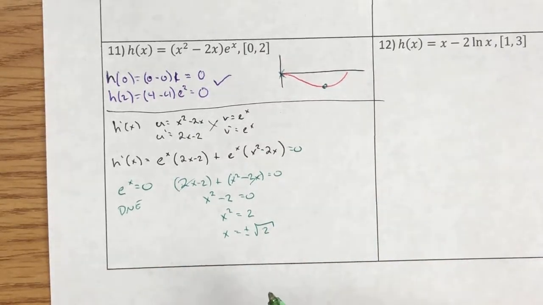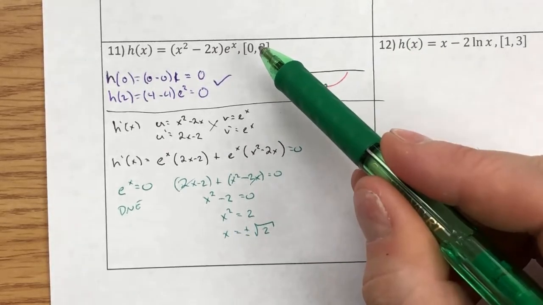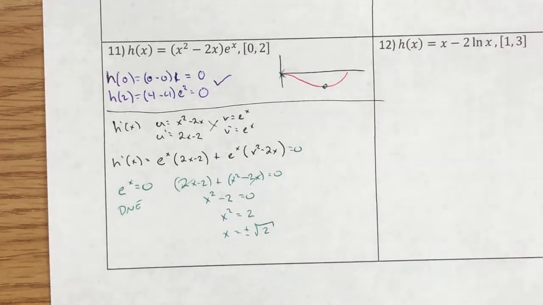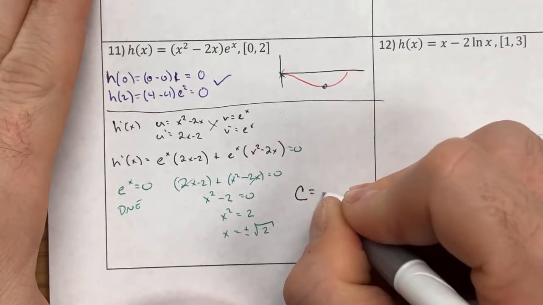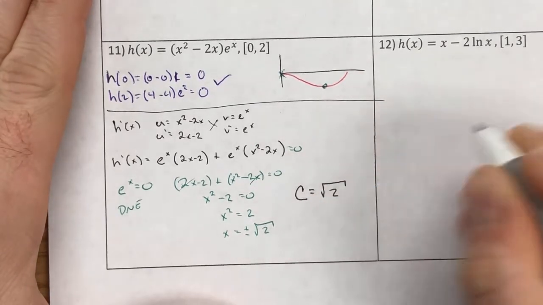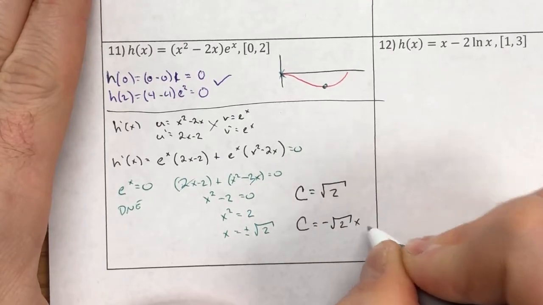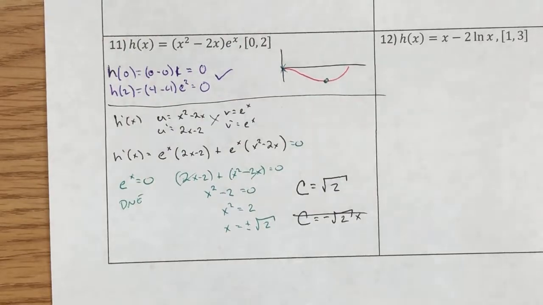Now, just like on number 7 where we said we have to check our values, when x equals positive square root of 2, that is within our range. But x equals negative square root of 2 is not within our range. So the only number we're testing is, does the positive square root of 2 check out? Because we know the negative square root of 2 does not check out. It's not within our given interval.